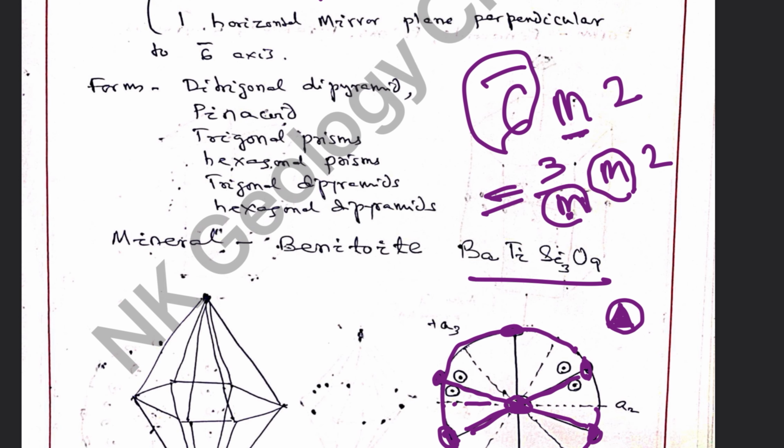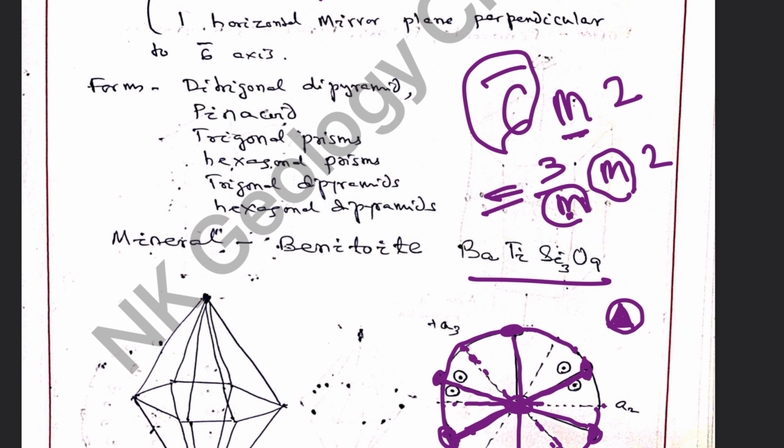This is the A2 axis. Perpendicular to it is the mirror plane. Then this is the A3 axis; perpendicular to it is the mirror plane. Similarly, this is the A3 axis, then perpendicular to it is the mirror plane.